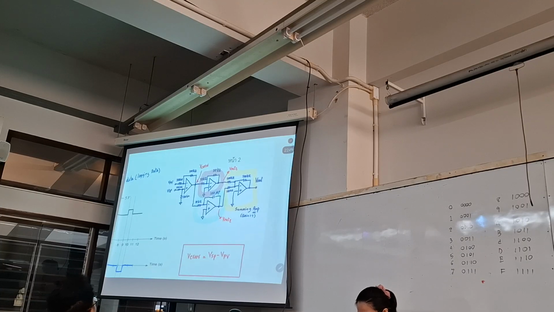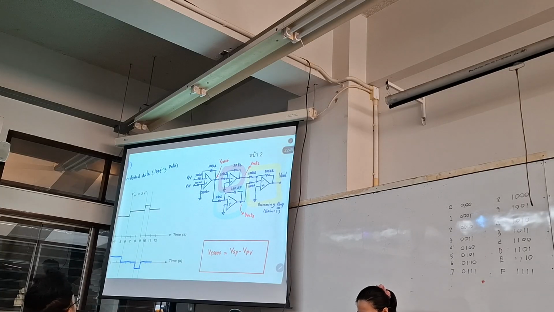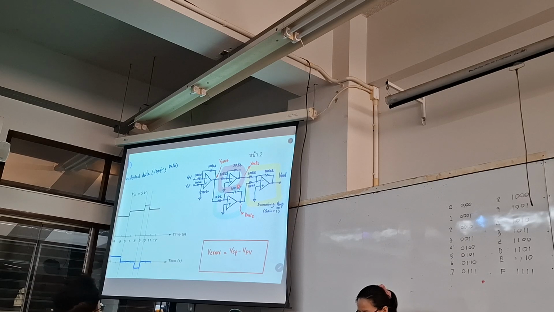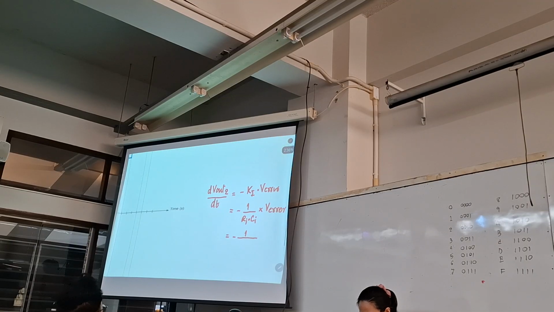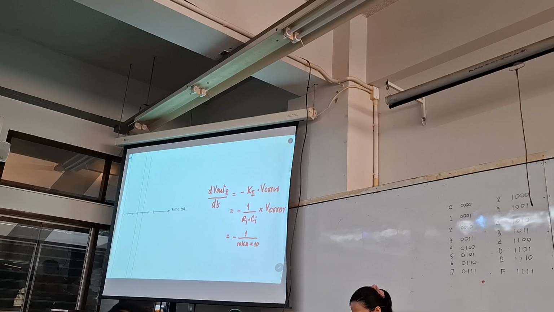Where is Ri? Ri in this case is 10 kilo ohm and Ci is 100 microfarads. So we have to make the multiplication between 10 kilo ohm times 100 microfarad and multiply with VL.